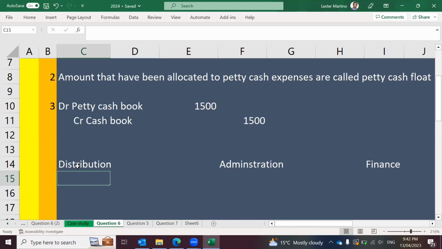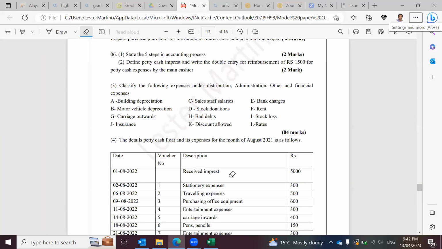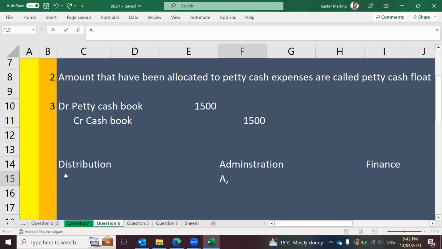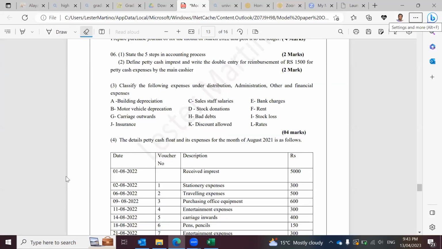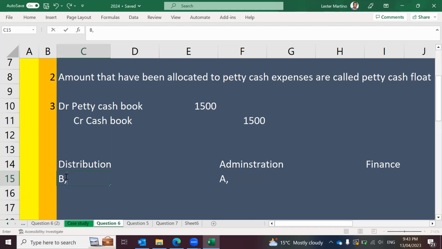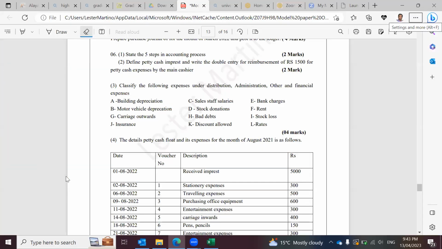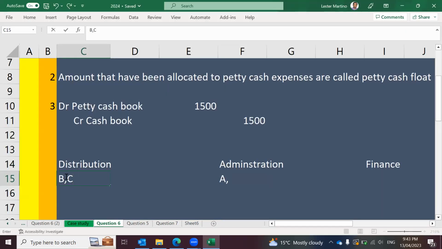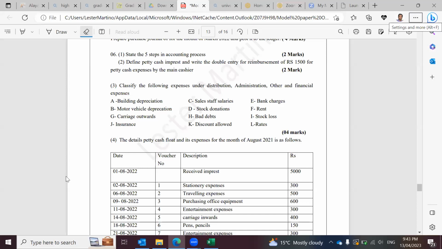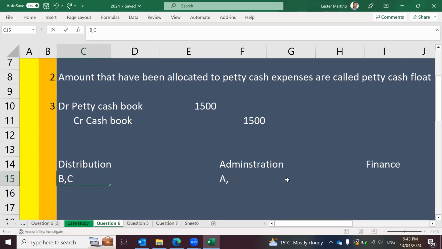A, building depreciation, admin. B, motor vehicle depreciation, distribution. C, carriage outwards, distribution. Sorry, my mistake. C, sales staff salary, yes, that's correct. D, stock donation, other.